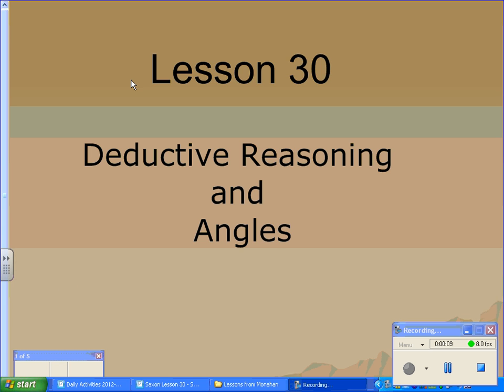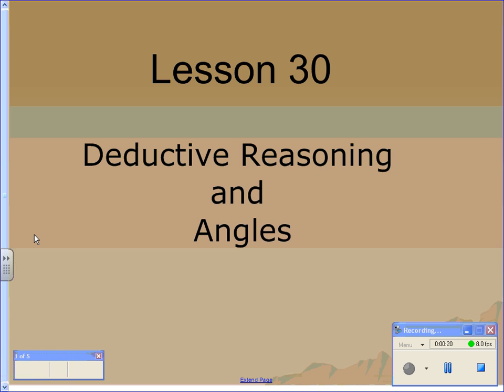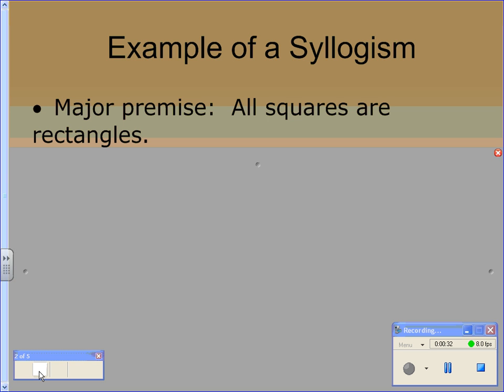We're looking at deductive reasoning, and then we're going to look at angles. We're going to start off by looking at syllogism.